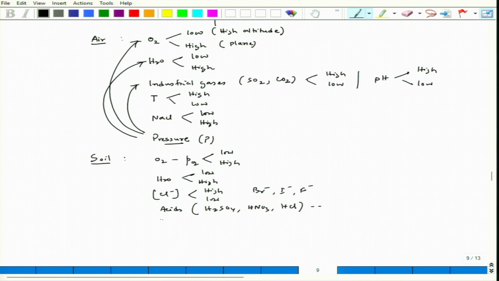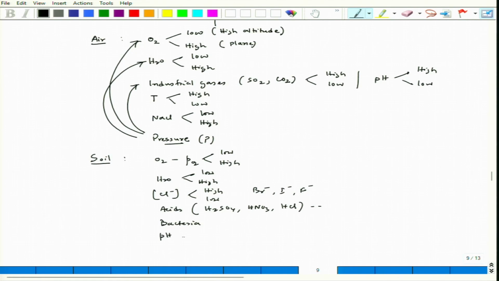Now, in soil, another condition to consider is bacteria. Bacteria could be aerobic or anaerobic, and their presence would cause different degrees of corrosion on the metals and alloy components in those soils. Apart from bacteria, there could be a pH effect.